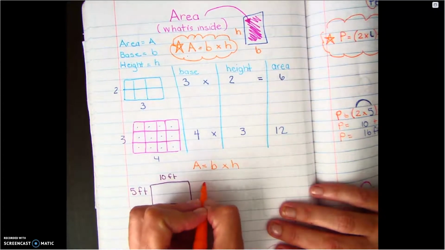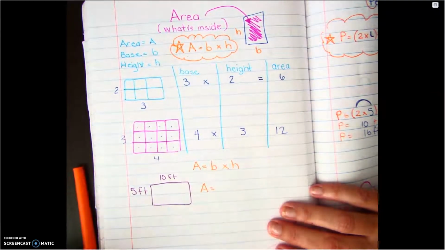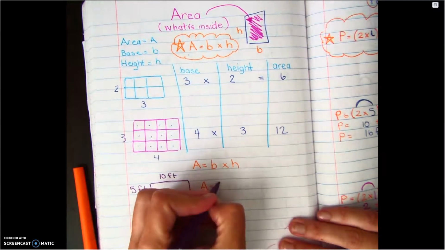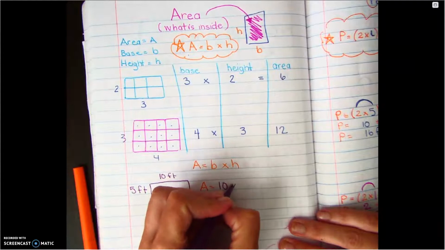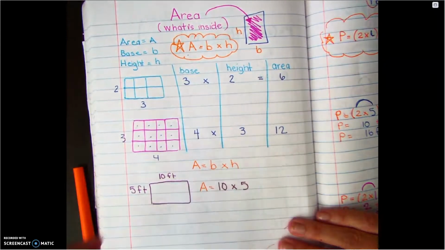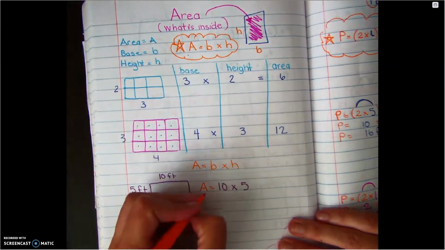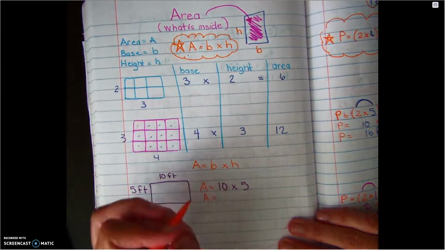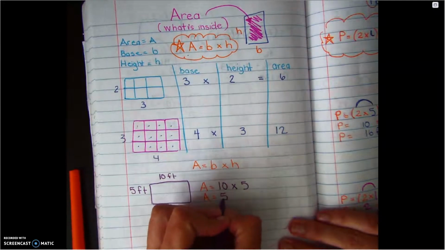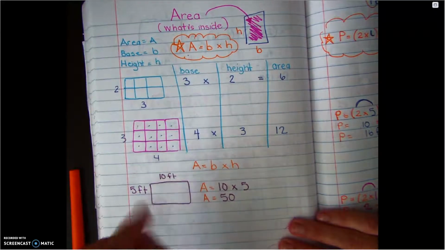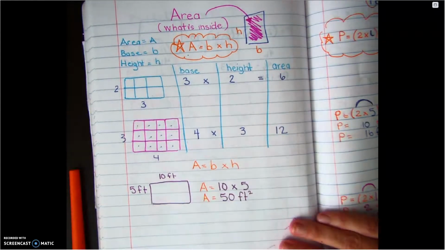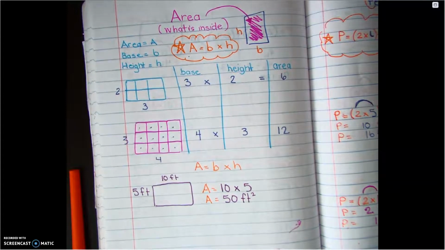So we have area equals the base, which is 10, times the height, which is 5 feet. So that means my area is, what's 10 times 5? 50. Now we can't forget our feet. And now remember, when we multiply our feet, it's feet squared. So we got to have that.